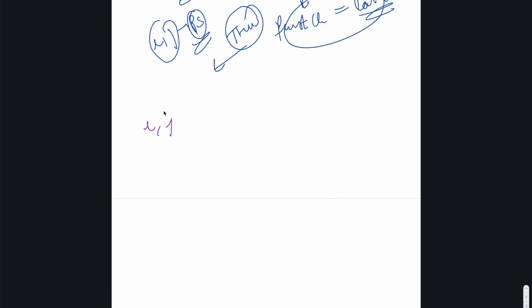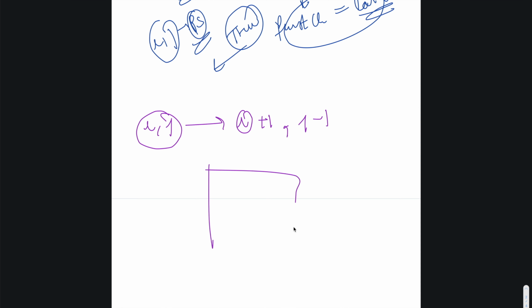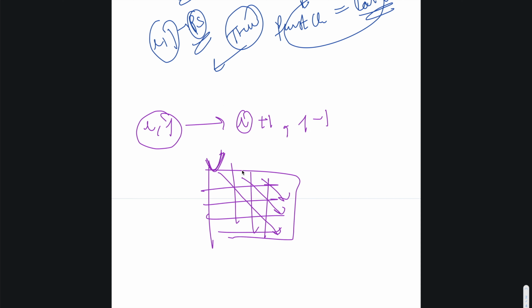In the 2D matrix, we are going from the diagonal to the upper side. So we have already completed this part, then we are going to this one. If we check from here to here, we have already checked it, so we can find whether it is true or false.